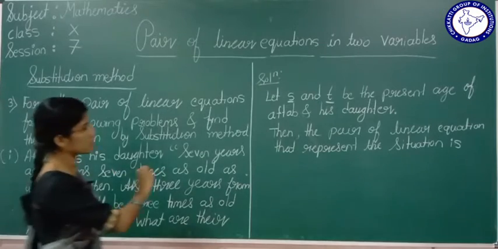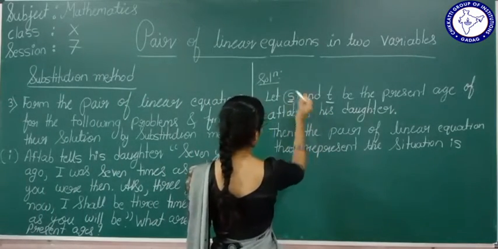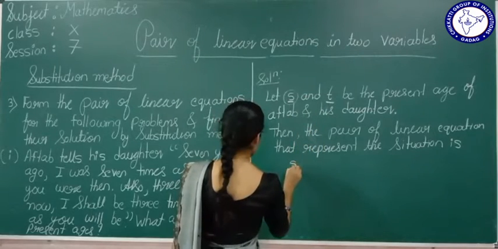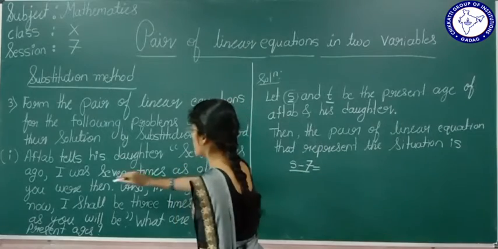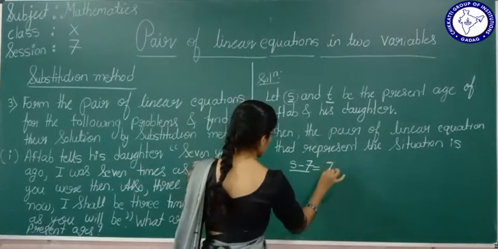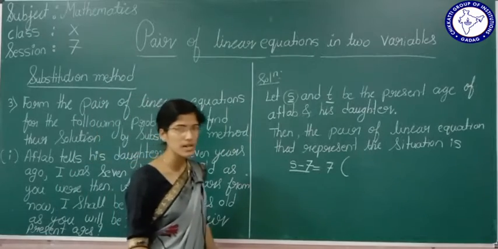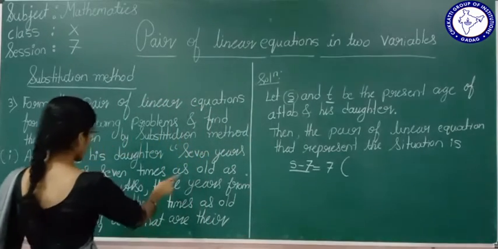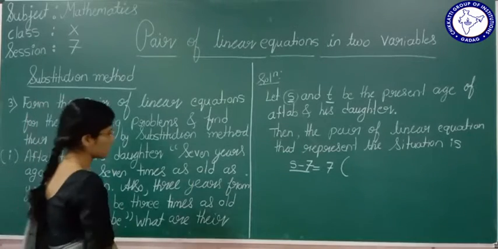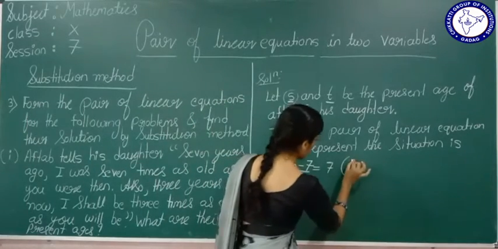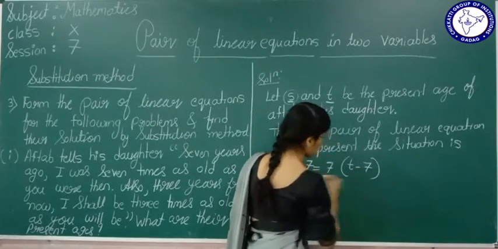What have we taken as the age of Aftab? It is s. 7 years ago, I was 7 times as old as you were then, means 7 multiplied by t minus 7.